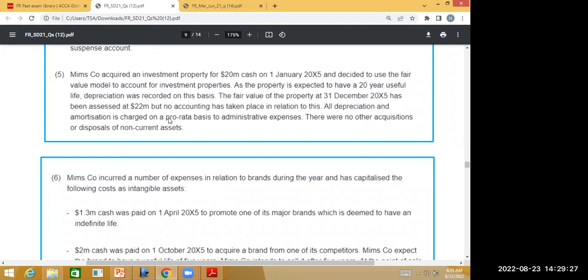But according to IS 40, if you are following the fair value model, you are not allowed to charge depreciation. Investment property gains and losses will be reported in P&L. So the accounting entry will be investment property debit, P&L credit, that's it.